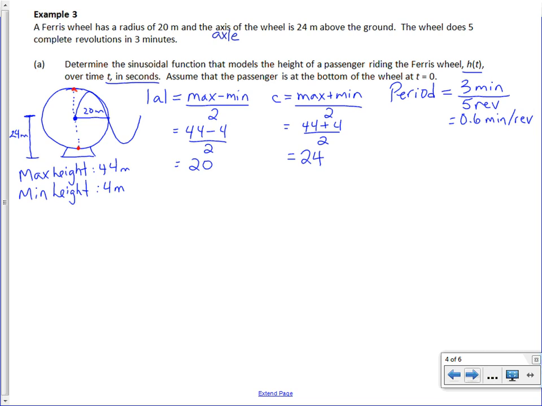That 0.6 minutes is how many seconds per revolution? 0.6 times 60 would be 36 seconds per revolution. So if you get 36 seconds, that's the length of one period. You go around once every 36 seconds. That's not that fast.